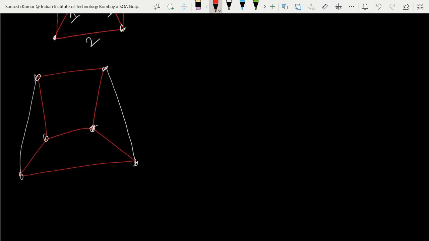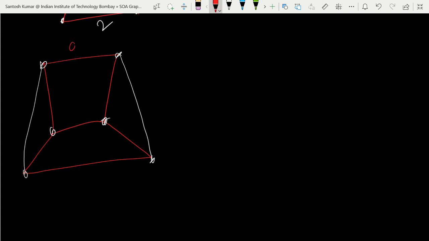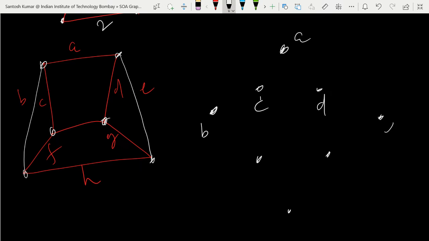Now let's name the edges. So A, B, C, D, E, F, G, H. Now you know the rule.